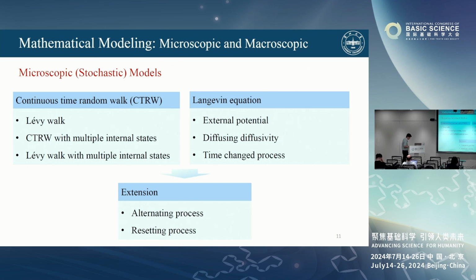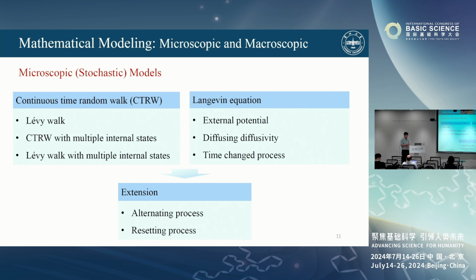You just add an extra term to the force. In the CTRW framework it is a little bit complicated to consider the case with an external potential, because you must transfer the potential to the jump length or waiting time. Another one is diffusivity.